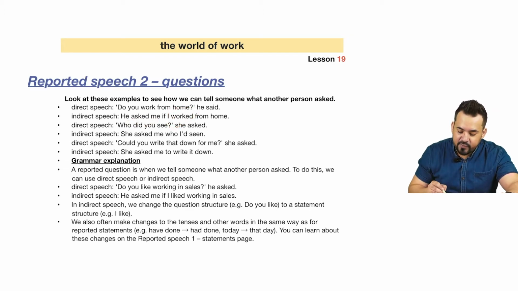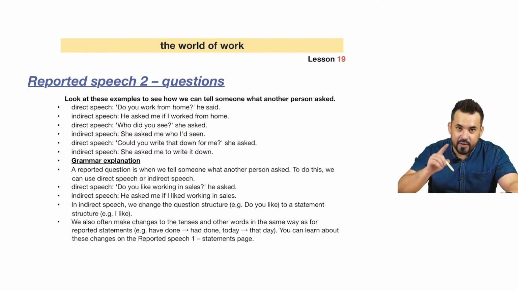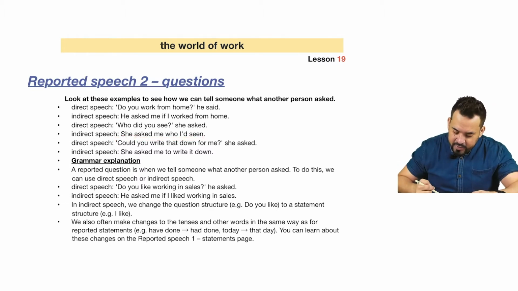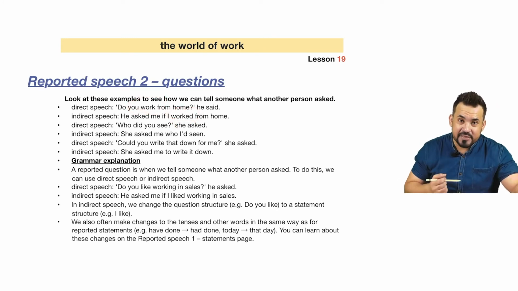Let's take a look at another one. Who did you see? She asked me who I'd seen. So here, in the first example, we started with the present simple and we changed it to the past simple.